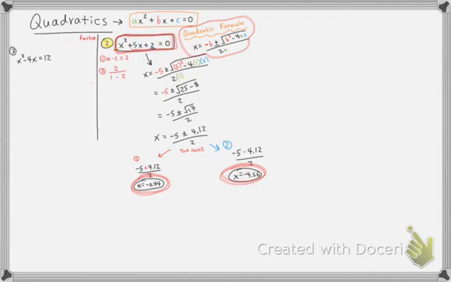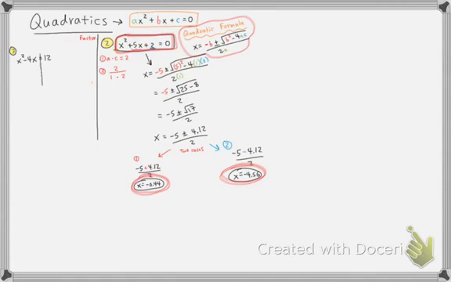So before you try to use the quadratic formula, remember, we want to have it in this form. We want to have the a, the b, and the c. We want to have every number and term on one side together. Notice, we do not have everything on one side. We have a 12 on one side and 2 terms on the other side.